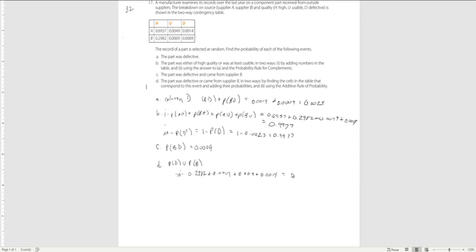We sum that up, and we get 0.3014. That is adding it up straight.